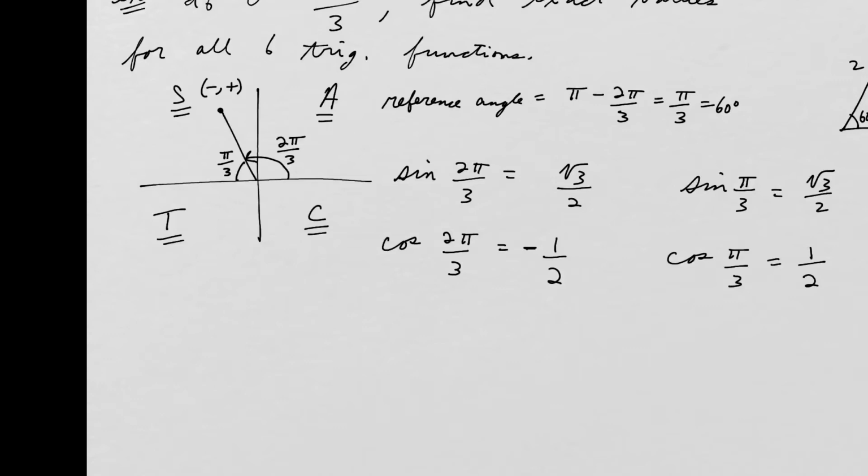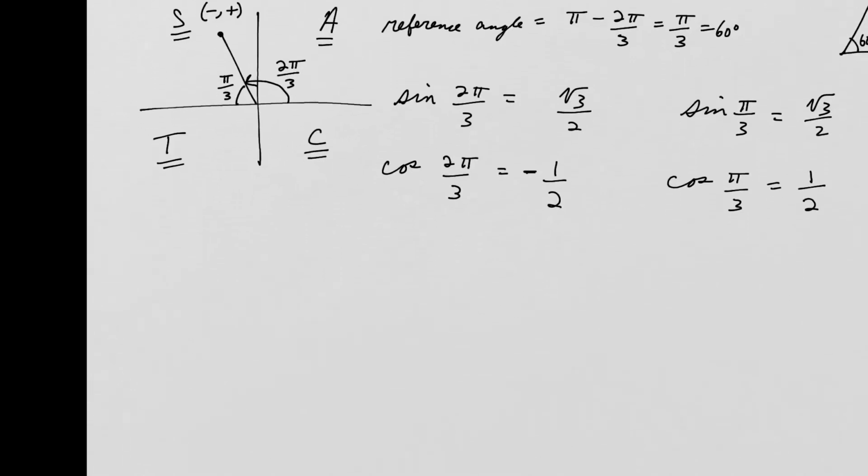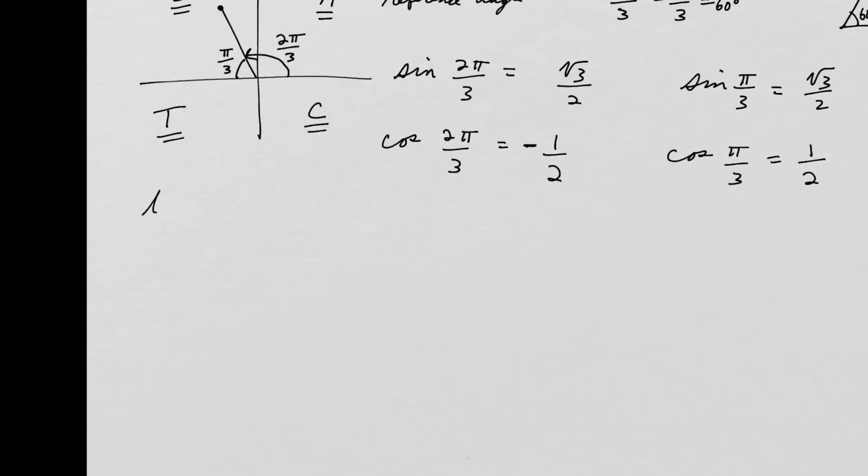Great. Now that we have that, we can figure out all the other trig functions, right? So I'll start with tangent. By definition, it's sine divided by cosine.